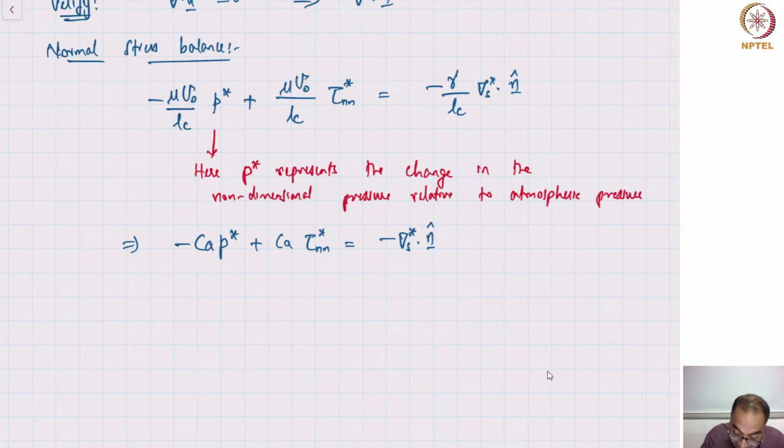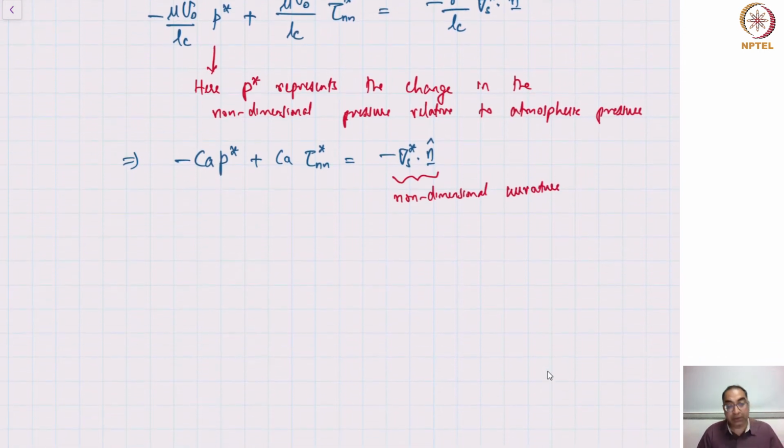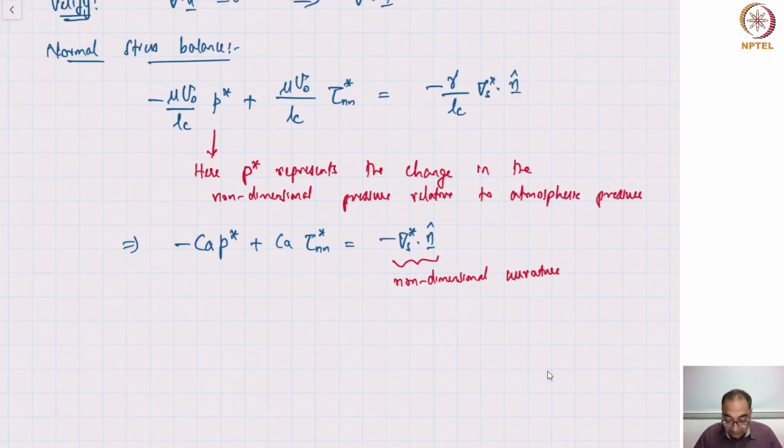Okay, this quantity here is non-dimensional curvature. Okay, so this is how we would go about analyzing these equations.